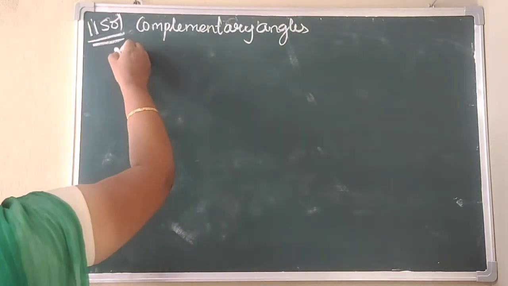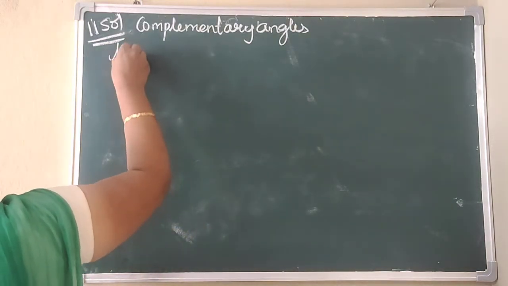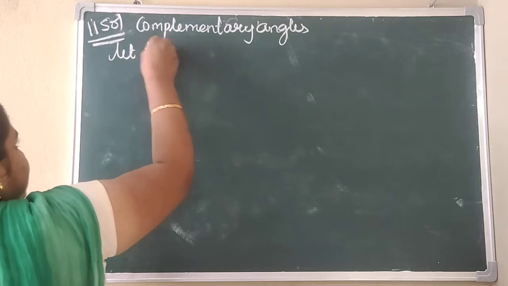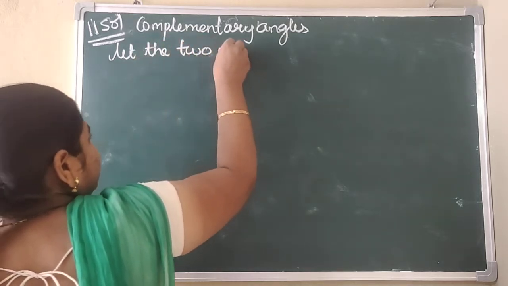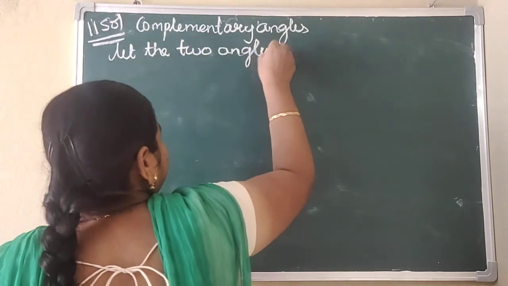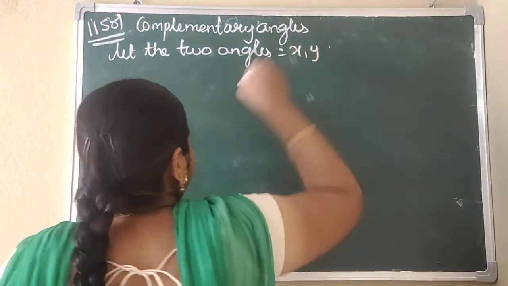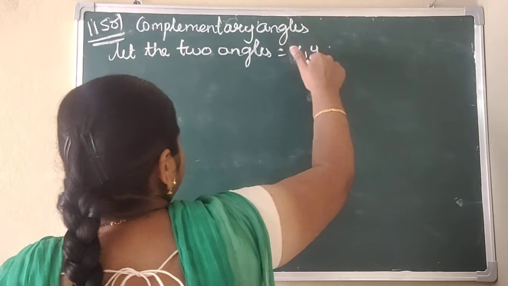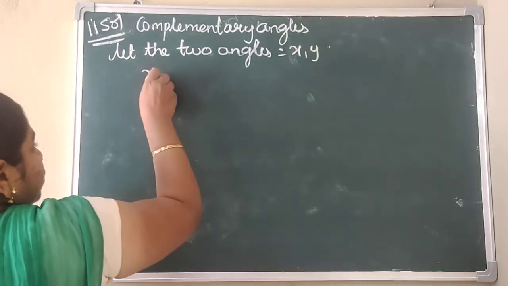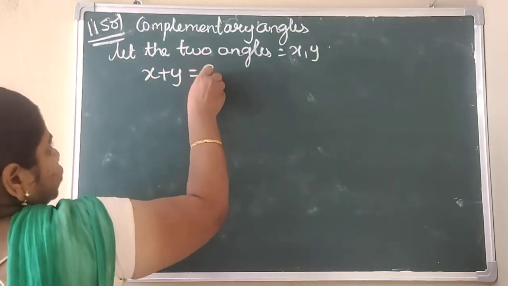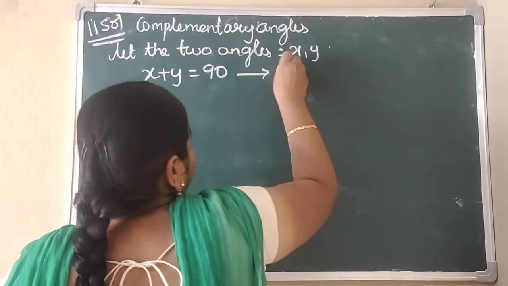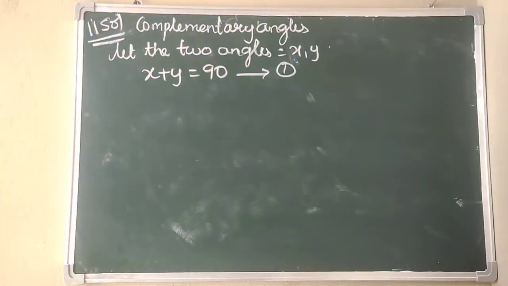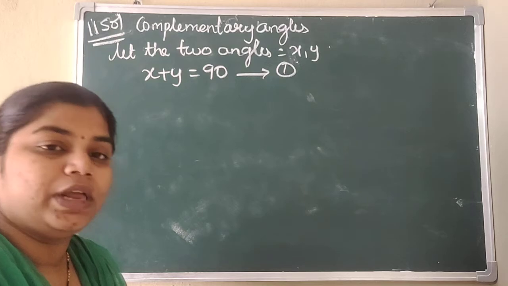So let the two angles be x and y. They are complementary to each other. That means if you are adding these two, that will be equal to 90. So x plus y will be equal to 90. This is equation number 1. Okay, and the difference of these two is equal to 12, it seems.